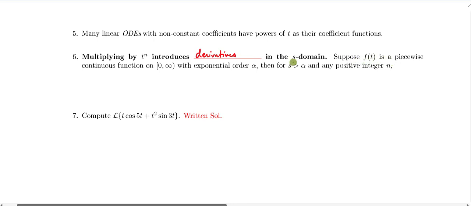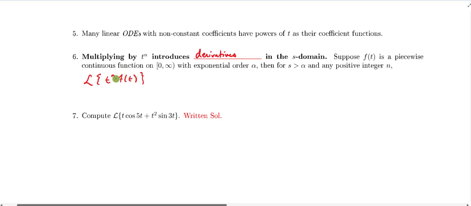So suppose f of t is piecewise continuous on a certain interval with exponential order. That just means that we can compute the Laplace transform. And then for any positive integer n, if we were to compute the Laplace transform of t to the n f of t, similar to the last example, we're assuming we know this Laplace transform, or at least that we know that it exists.